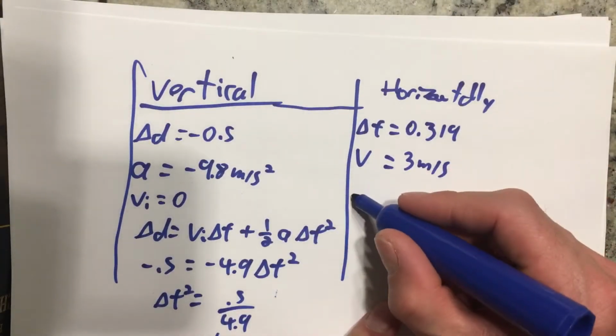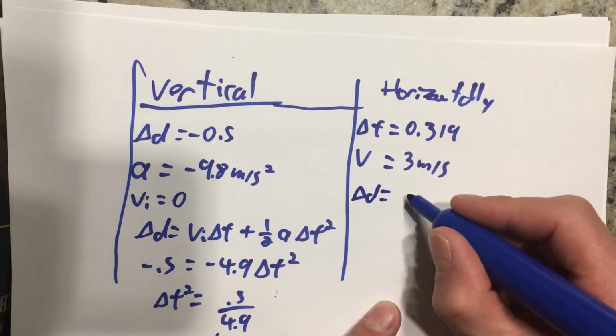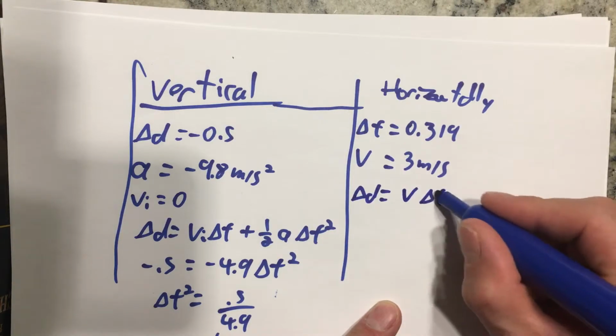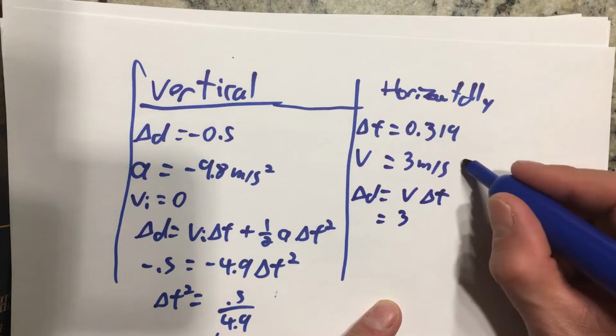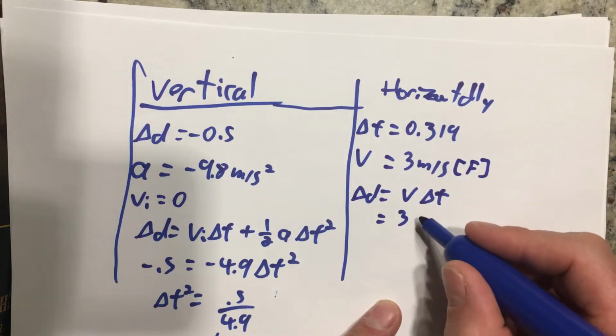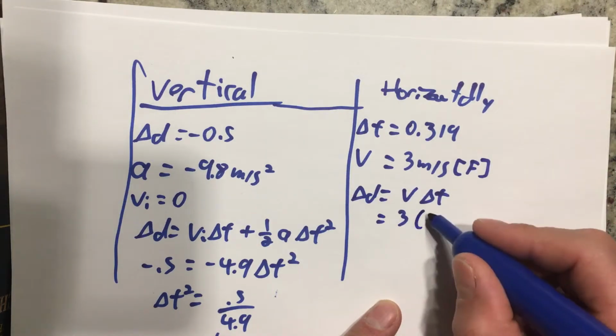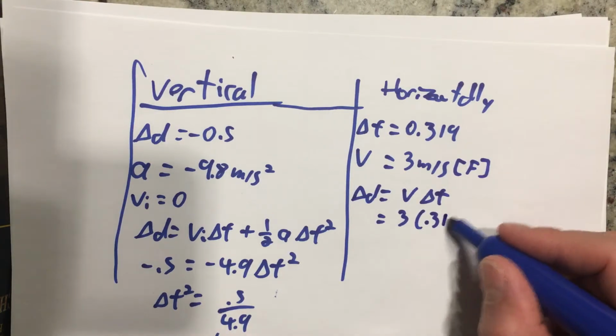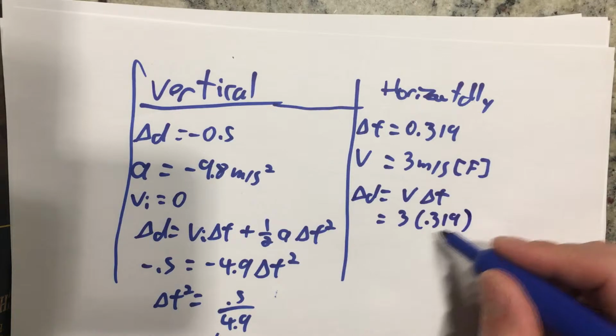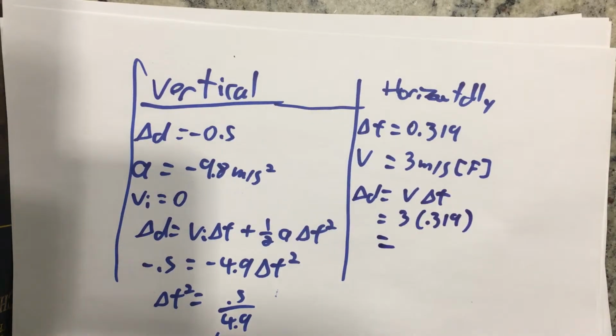Our displacement will then simply be the velocity times the amount of time. So it is 3 meters per second forward, multiplied by 0.319 seconds.